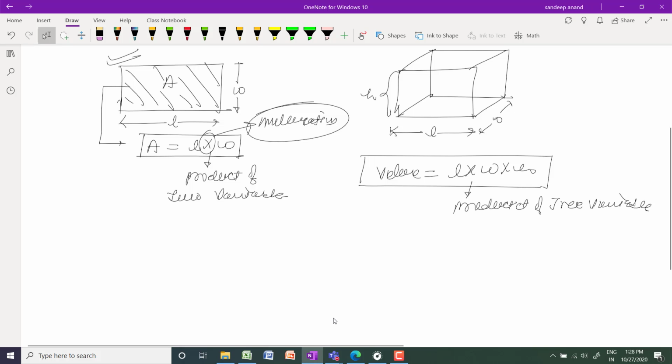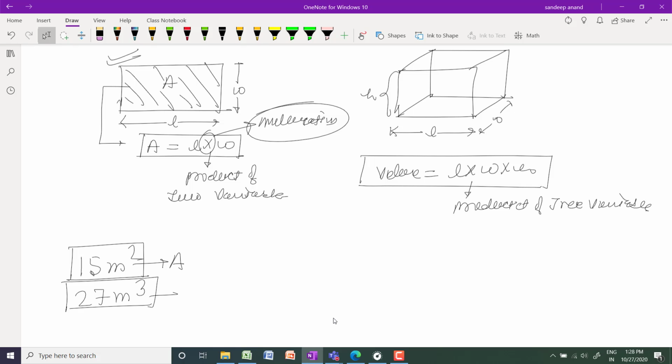Okay, so suppose any value is given to you, how can you tell which it is? This is area and this is volume. Suppose I write 15 meter square and 27 meter cube. Meter square means this is area, and meter cube means this is volume. Because if you take the SI unit of area, length is measured in meter, width is also measured in meter, so area is always in meter square, not meter cube.